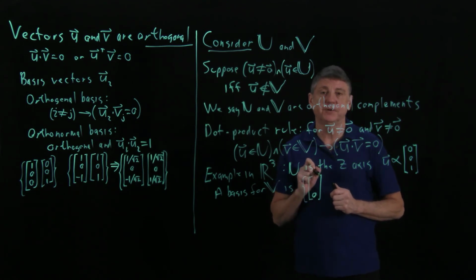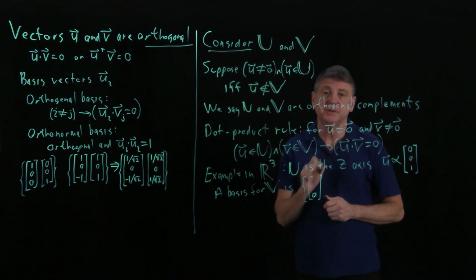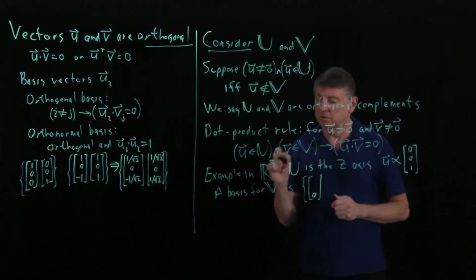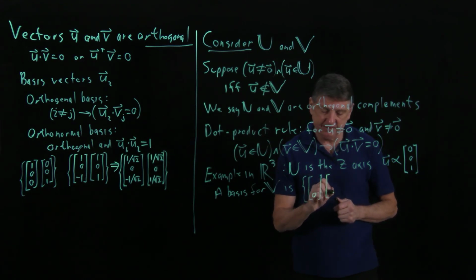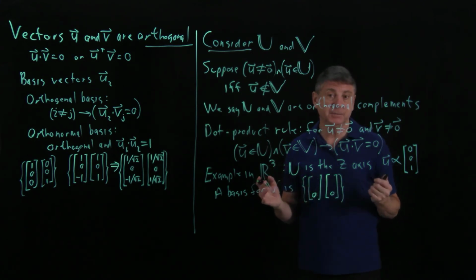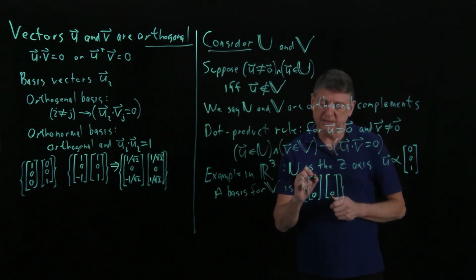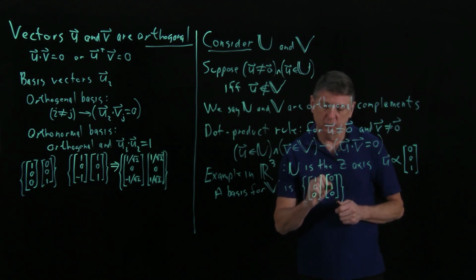That's 2 degrees of freedom, and so I must need 2 basis vectors, and this must be a 2D space inside R3 coordinate space. So that means that they have to be like this. Now, there's an infinite number of choices, and the simplest one would be (1, 0, 0) and (0, 1, 0).